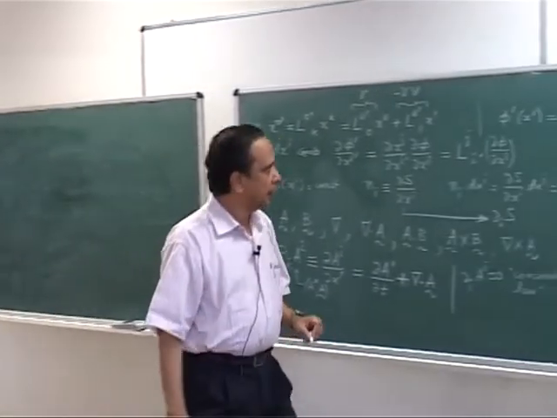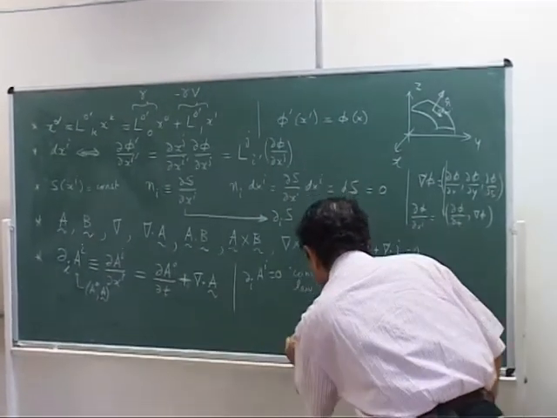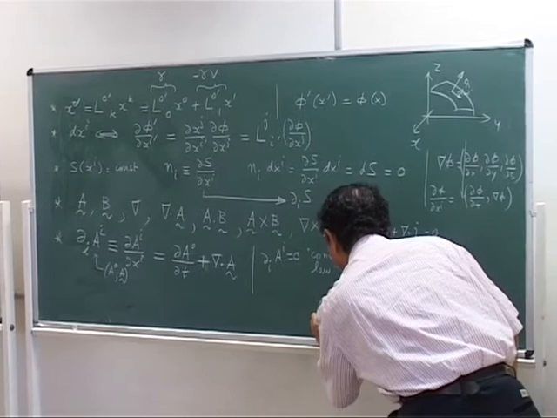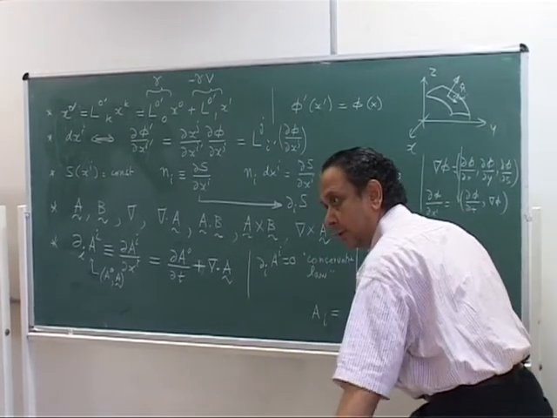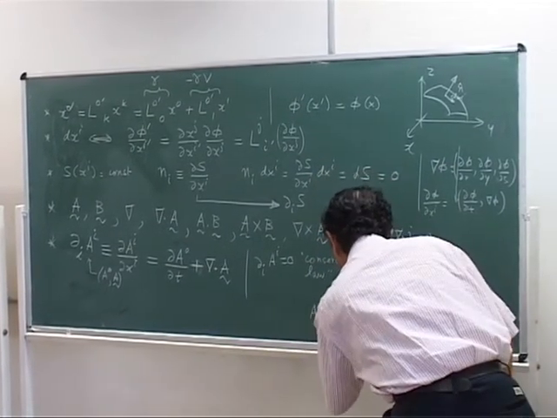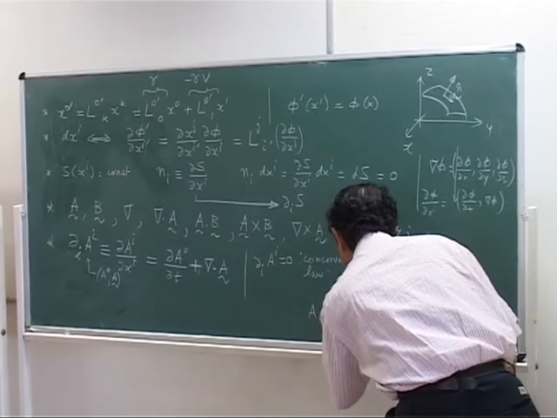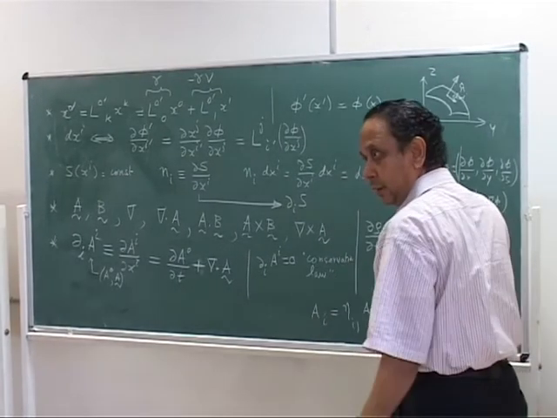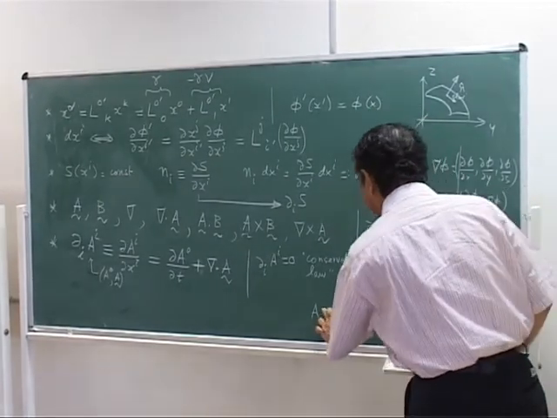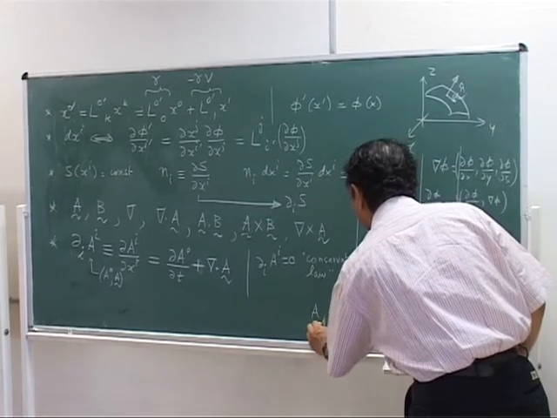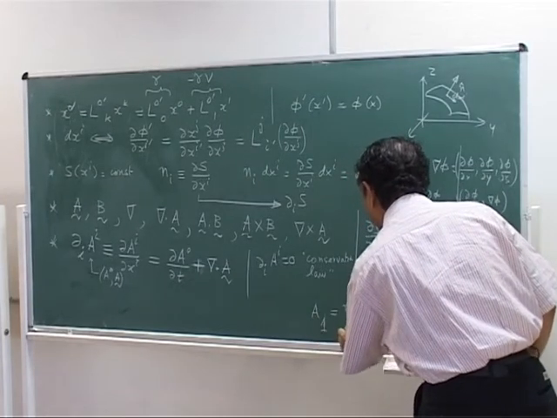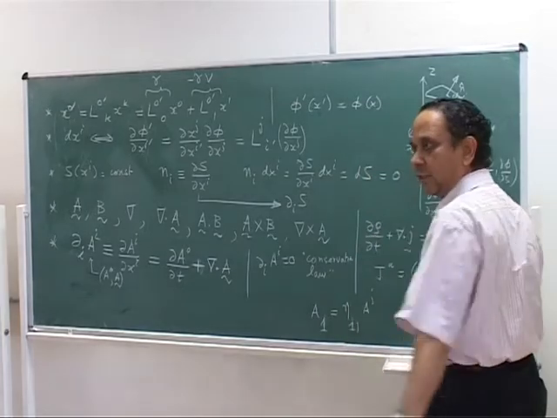You see, the definition of lowering is that if I have ai, which is eta ij aj, if I look at, for example, a1, that will be 1 with a summation over j.